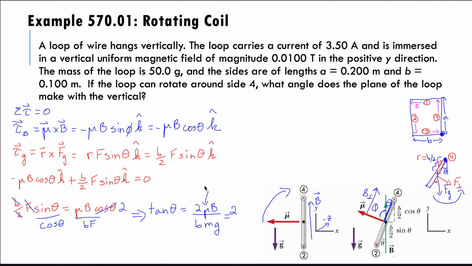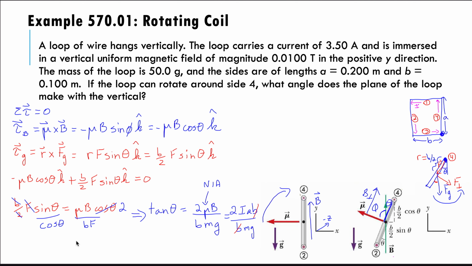So remember, mu is NIA. N is the number of loops, which is 1. I is the current, which is given. And A is the area of the loop, which is the length times the width, which is little a times little b. And we'll see that the little b actually cancels out.